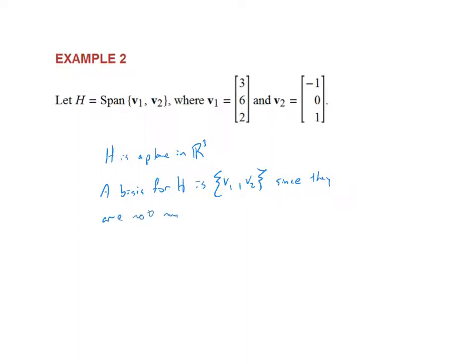And they are linearly independent. So the dimension of H is 2. There are 2 vectors in a basis for H, so its dimension is 2.